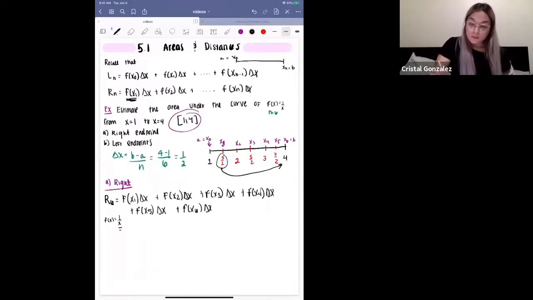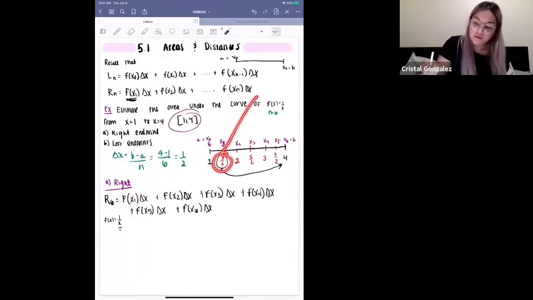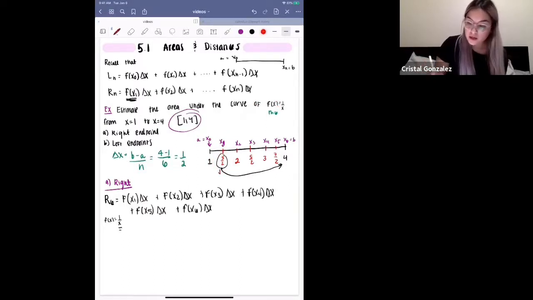So this tells us that if x1 is 3 over 2, and I plug that into my function f of x equals 1 over x, you'll be plugging that into each one of them. And so this one here is going to be f of 3 over 2, which is equal to 2 over 3.